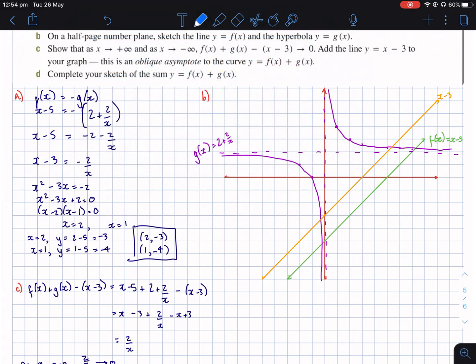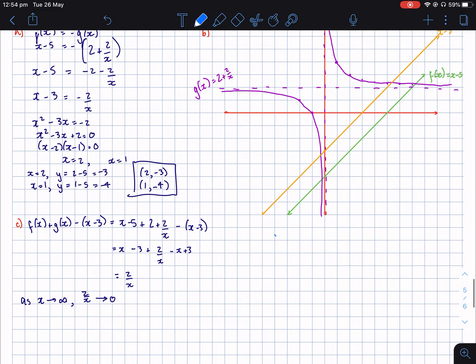Okay. Well, let's do this the easy way. Let's pick out some points. So I'm going to pick out like x equals minus 2. When you add the things together, we're going to have 1 plus negative 7, negative 6.